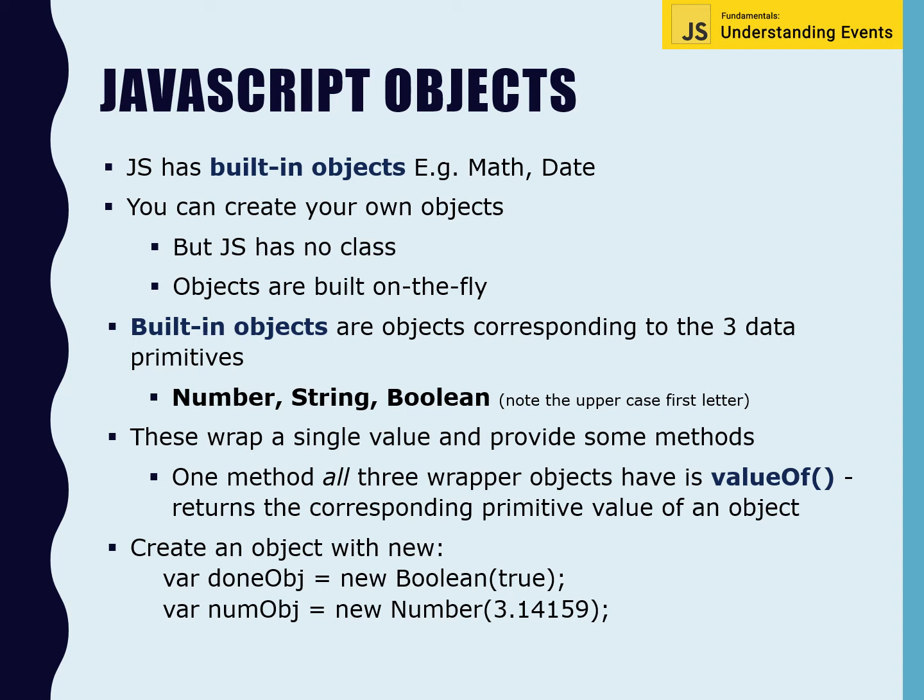In order to create an object in JavaScript, we have to use the new keyword that we discussed in the previous sessions. Using this new keyword, we specify an object.